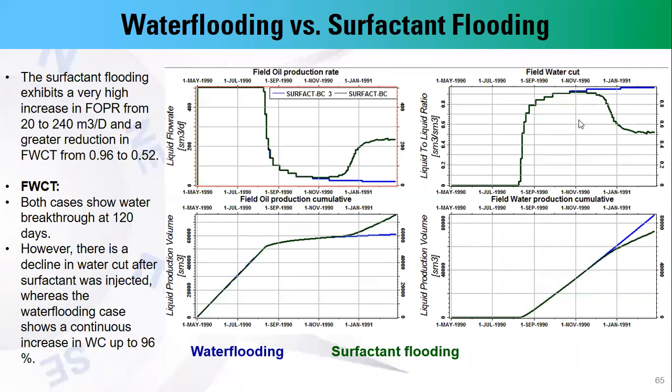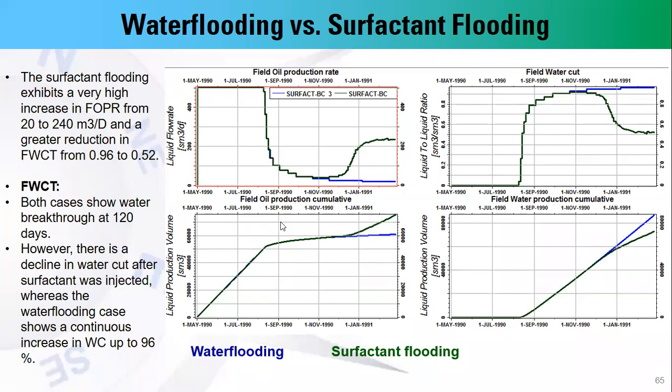For water cut, as you can see, we have a reduction in the field water cut due to surfactant flooding, because surfactants will decrease the residual oil saturation and accordingly increase the oil recovery.